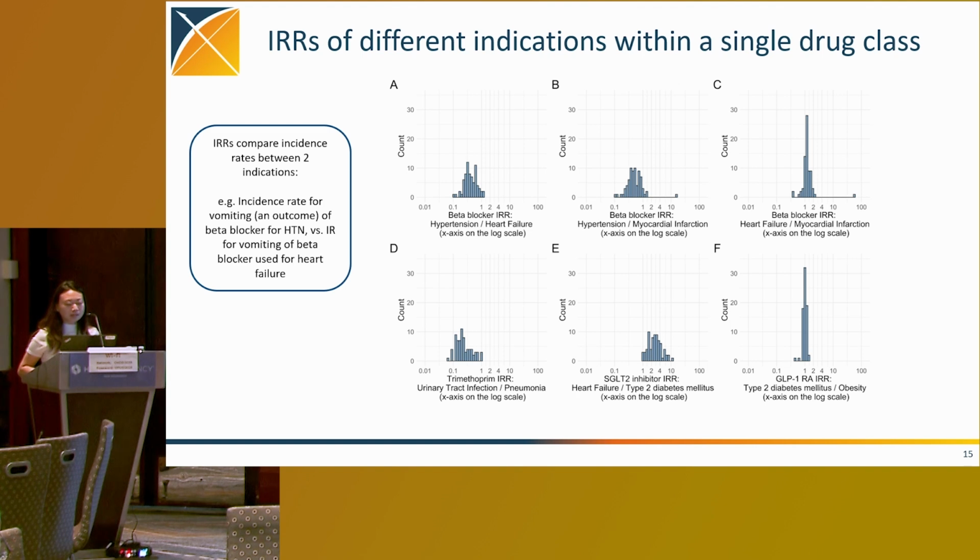And so if you look at this graph F here, GLP-1s for type 2 diabetes versus obesity, all the incident rate ratios are kind of clustered around 1, meaning that for GLP-1s, the indication doesn't really matter that much when it comes to the incident rates. Whereas if you look at something like this, beta blocker for heart failure versus myocardial infarction, you see this, for example.